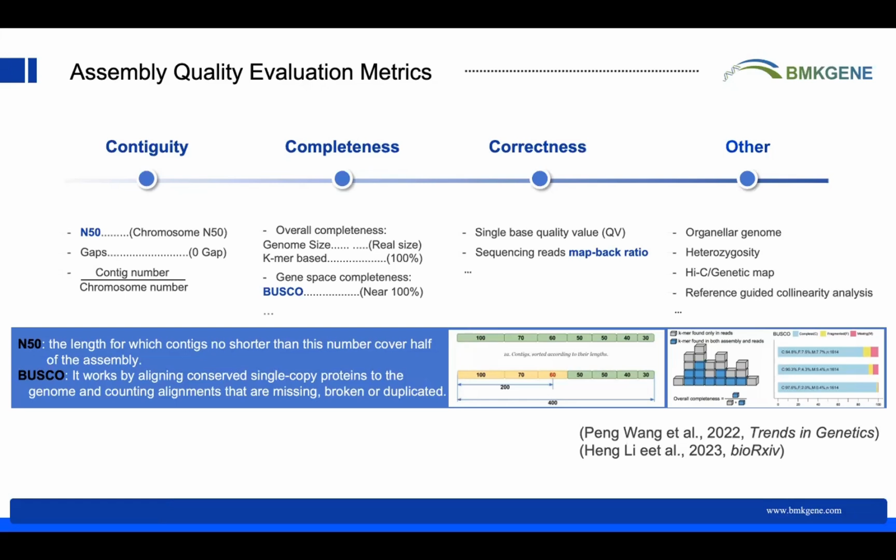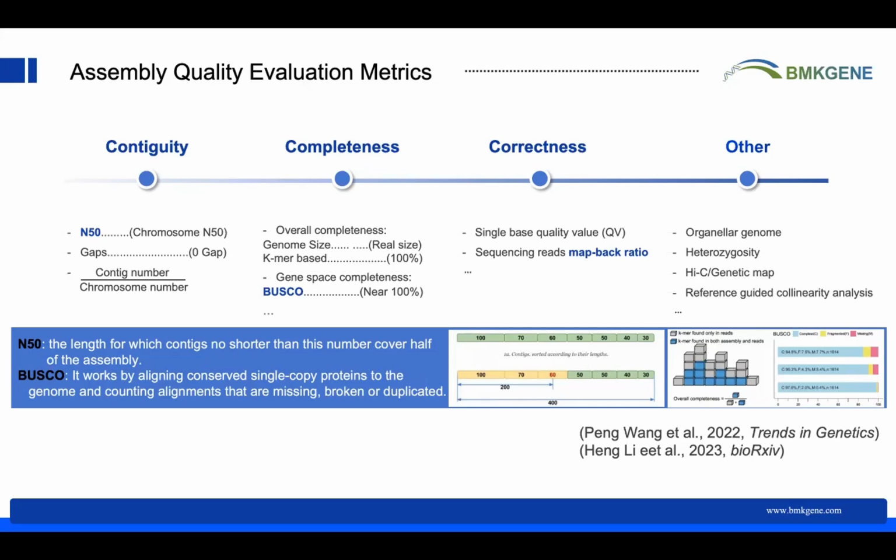With the assembly methods being developed, there are still many other indicators to describe the assembly quality, like the LAI, the heterozygosity, and the Hi-C genetic map, whether they show a very good assembly result, and also the reference-guided collinearity rate analysis.